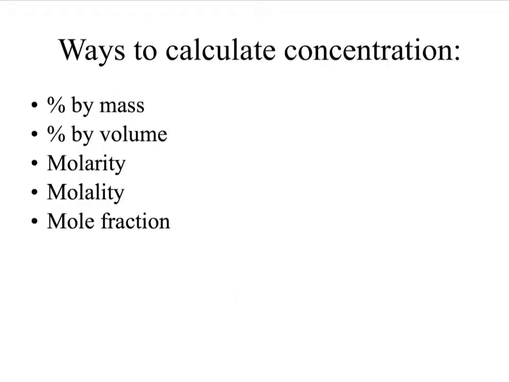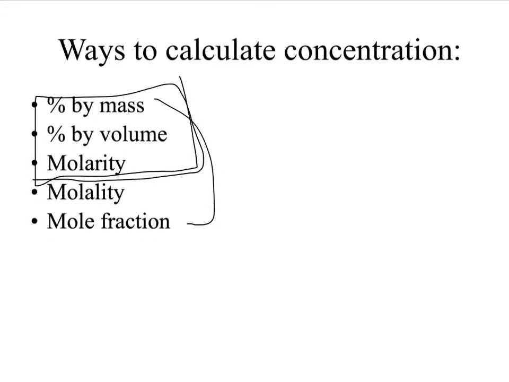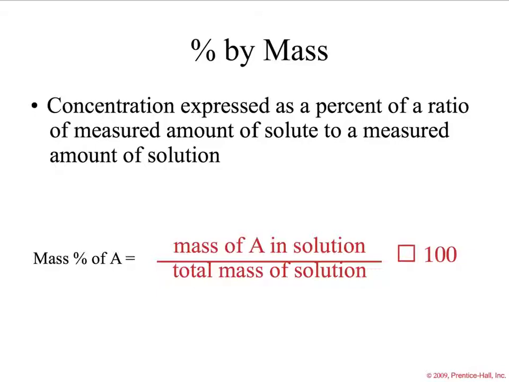There are five ways that we're going to learn how to calculate concentration, but today we're just going to focus on those three. The first one is percent by mass. Concentration in percent by mass is expressed as a percent of a ratio of a measured amount of solute to a measured amount of solution. So it's a percentage.